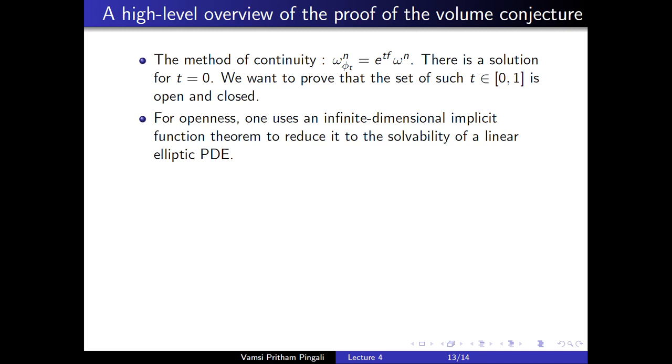So for instance, if you want to solve Laplace u equals v on a manifold, you can't always do it. Just like if you take a linear map between two vector spaces, you can't always solve Tu equals v, right? You can solve it precisely when v is orthogonal to the kernel of T star, the adjoint of T. This is just standard finite dimensional linear algebra.